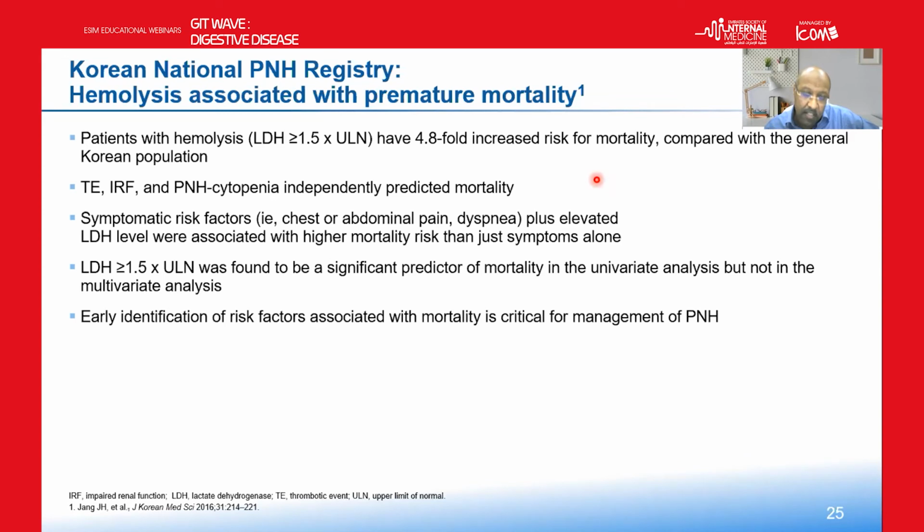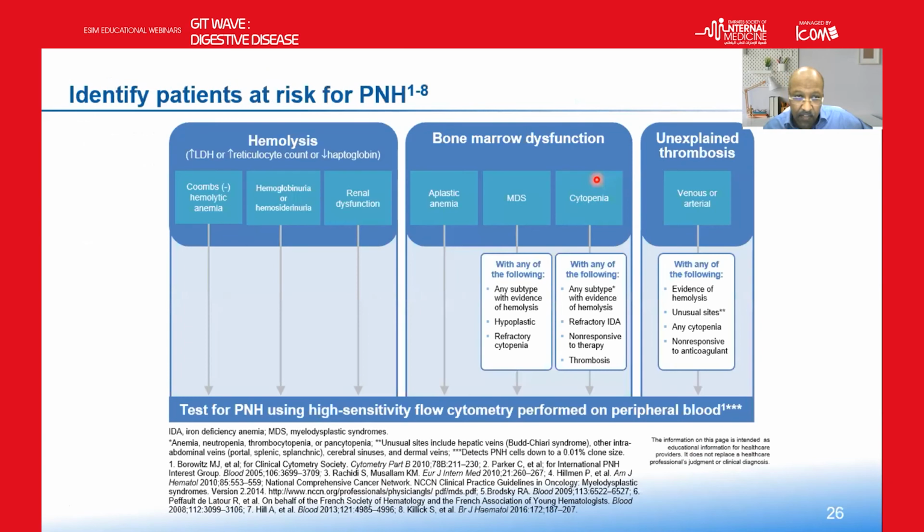You put PNH as one of your differential diagnoses in patients who have unexplained symptoms like those I mentioned in my previous slide. And here is a slide from the guidelines, since there are guidelines in the UAE developed by the Emirates Society of Hematology, for identifying patients at risk.